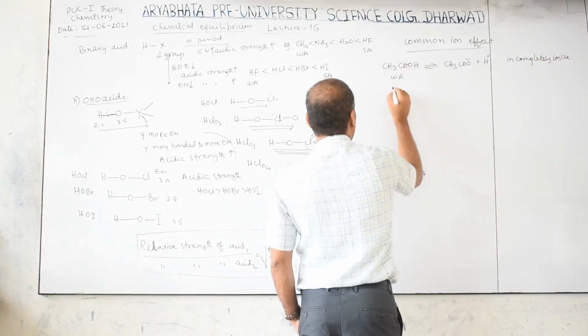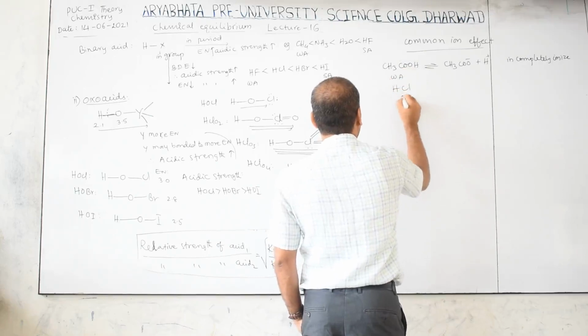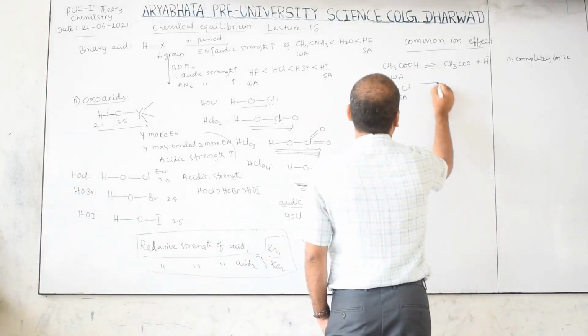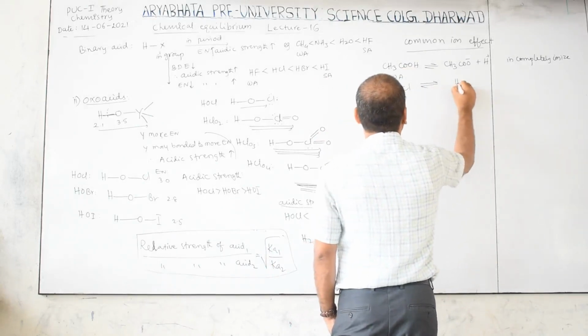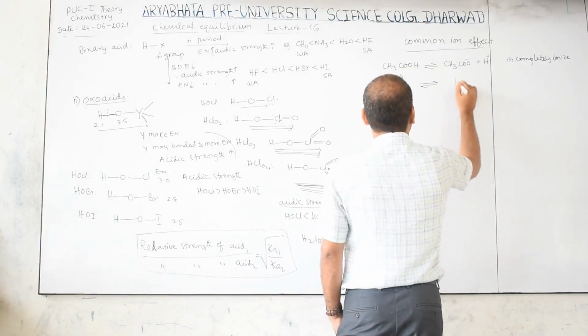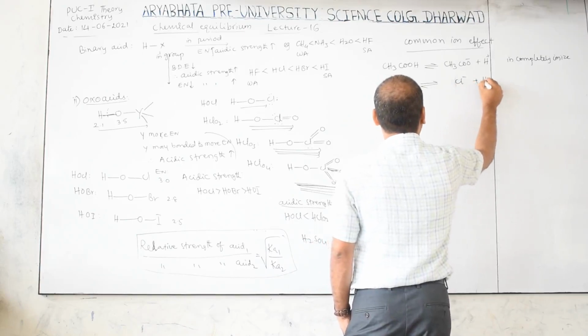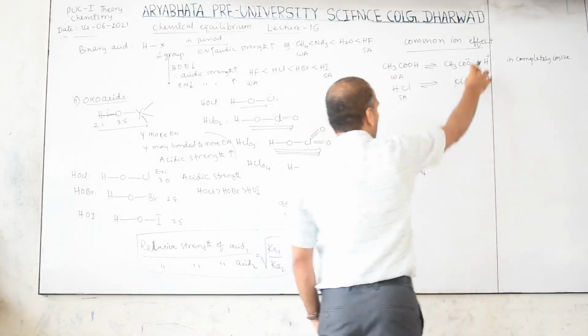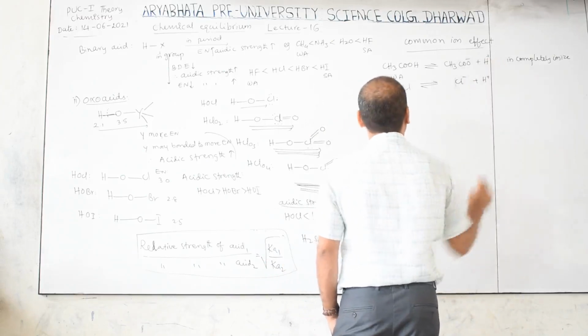To this we are adding HCl, a strong acid. A strong acid at any concentration is completely ionized, we know very well. Then this is Cl minus and H plus, H plus Cl minus also, right? Because both are on the same side, that's why I wrote it at this place.